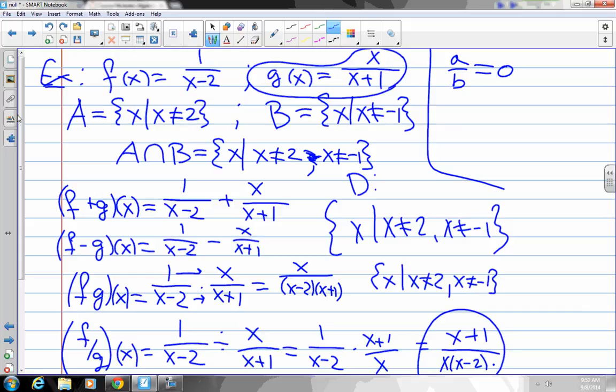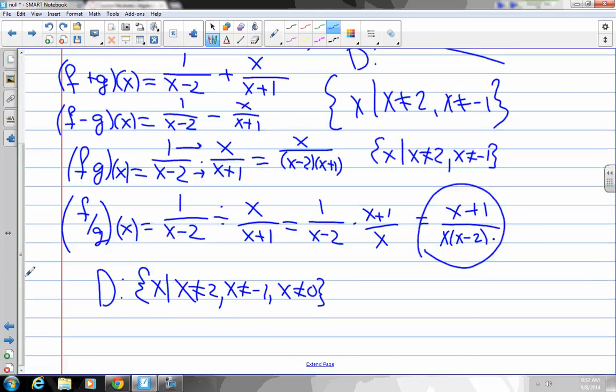So see what we did? We found that intersection at the very first step, and we just kept copying it over for all 4 questions. Except from the very last part, we just look what makes g equal 0, and in this case, x equals 0 makes g equal 0. So we had to add that part. Isn't that fun?